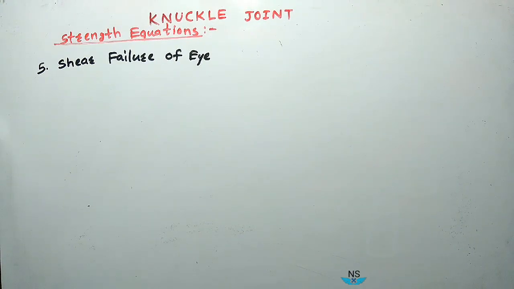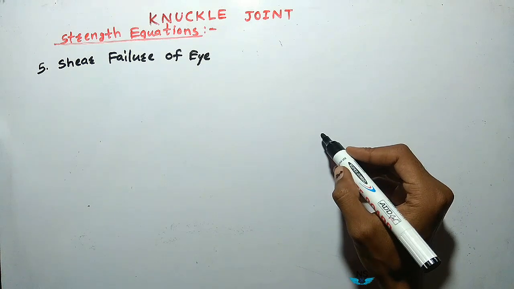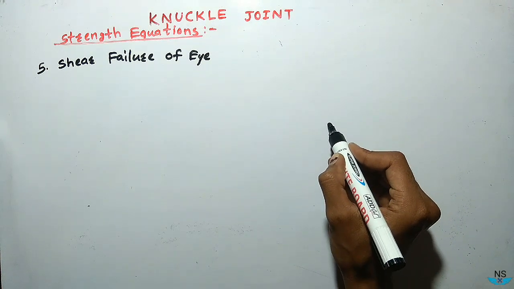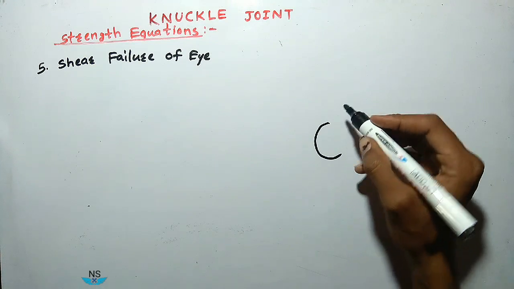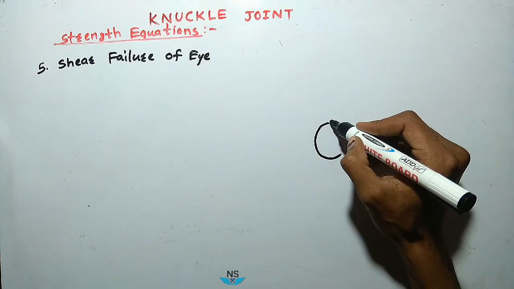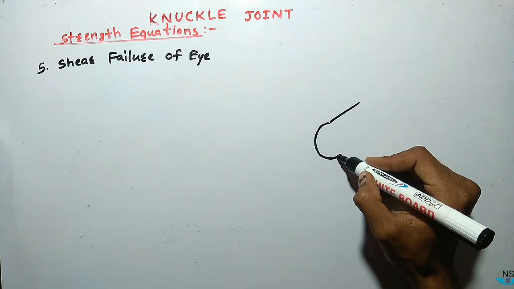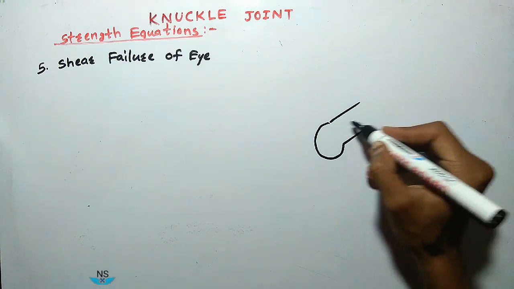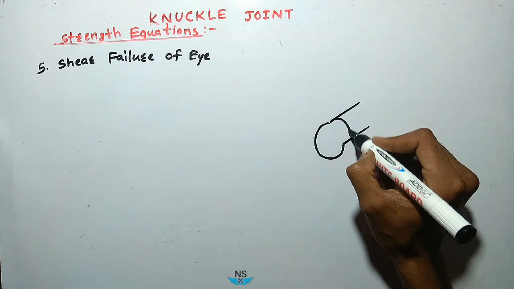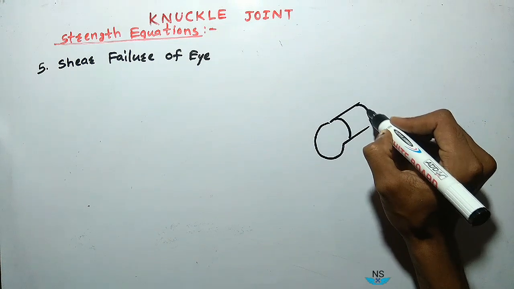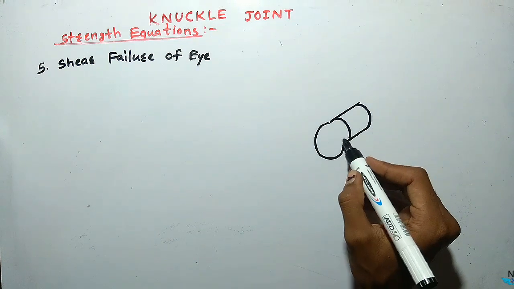Shear failure of eye also takes place due to force P. Now how shear failure will take place? Let us see how shear failure of eye will take place. Now this is the fail or break section.